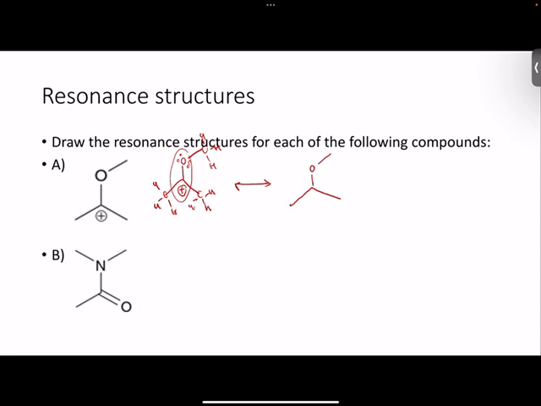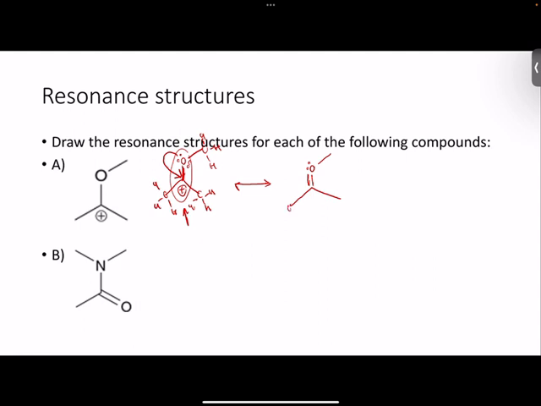So in here we have lone pairs, and we're gonna place that on this bond in here, which is gonna create a double bond, and it's gonna fill the octet for that carbon in there that had a positive charge.